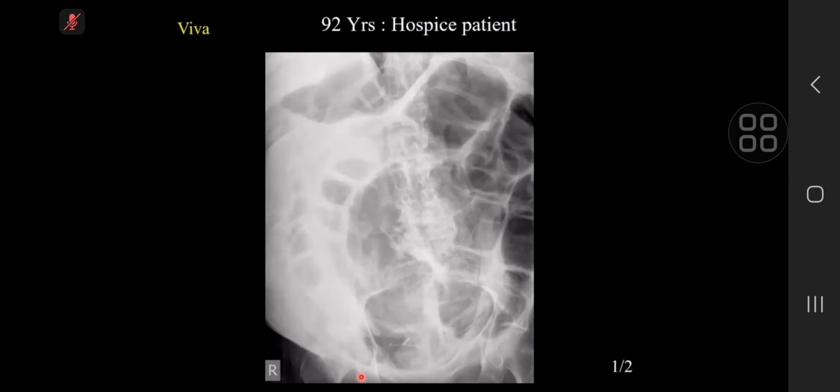My first differential for this will be a sigmoid volvulus. I can't see any free air or gas. The patient still has an intrauterine device, I think, in the pelvis. This looks like a sigmoid volvulus as the most likely diagnosis.